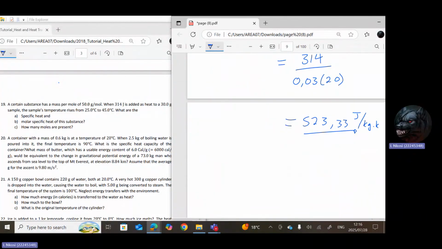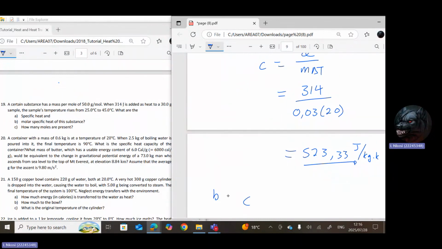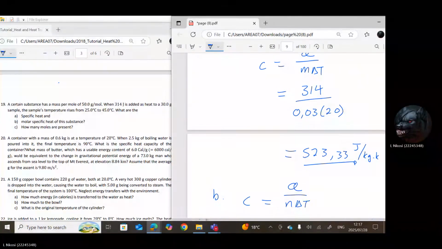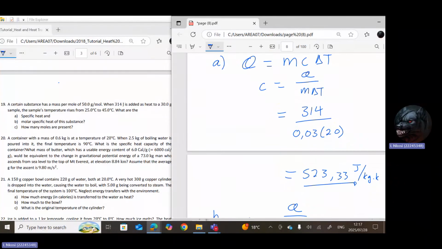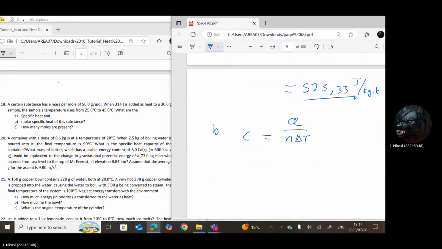Then there's the molar specific heat. The molar specific heat is generally the same formula, but instead of mass, it uses the number of moles times change in T. This is mass specific heat, and this is molar specific heat capacity.